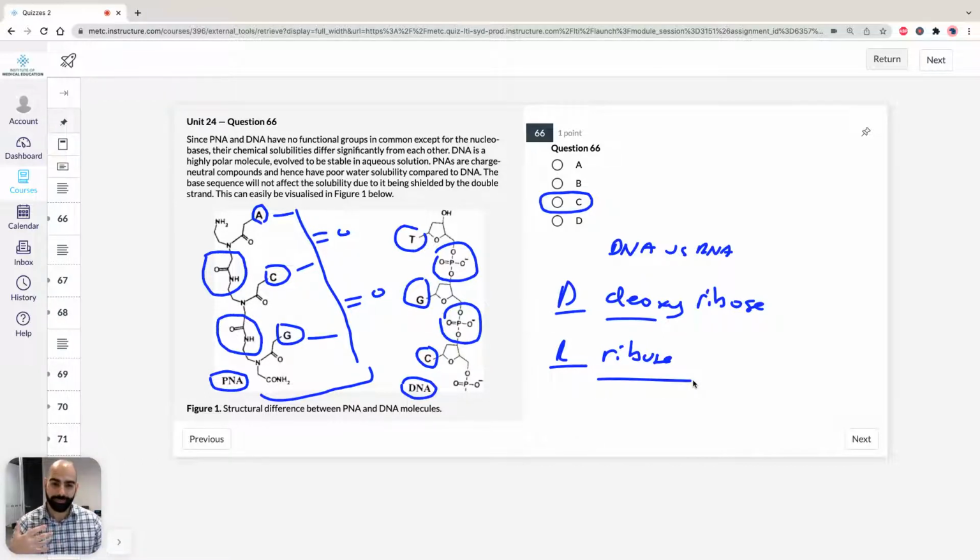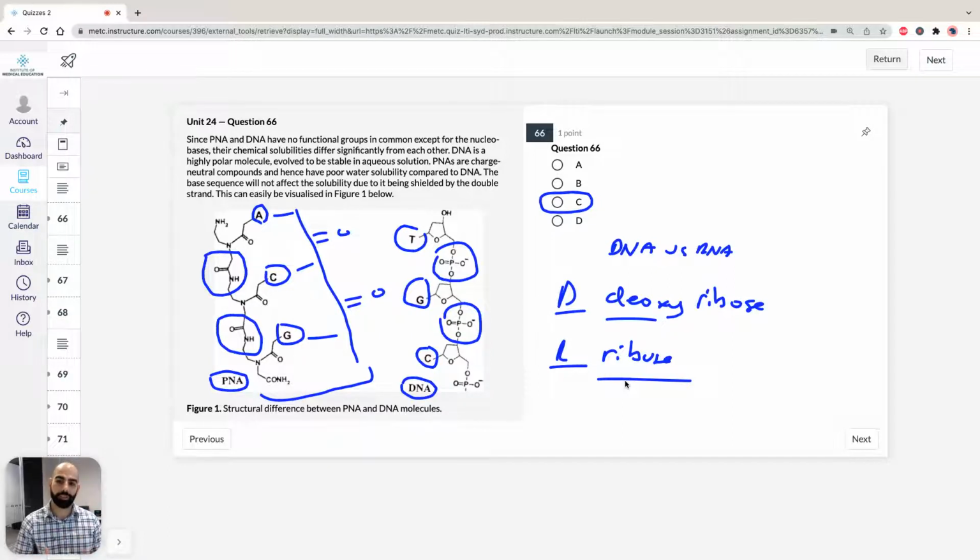That makes RNA more susceptible to hydrolysis. That's why DNA is structurally stronger than RNA, because it lacks this hydroxyl group, which makes it less susceptible to hydrolysis.